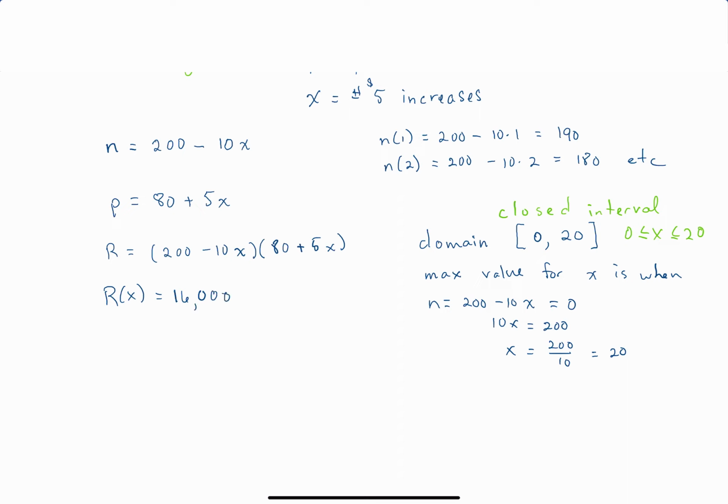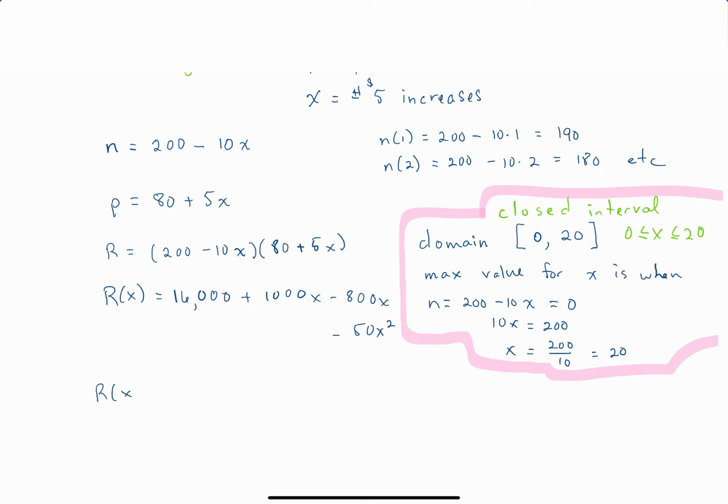And then I have plus 1,000x minus 800x, and then minus 50x squared. So my revenue is 16,000 plus 200x minus 50x squared.